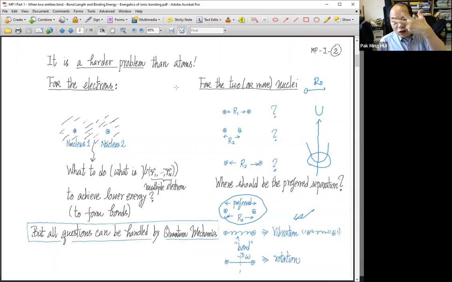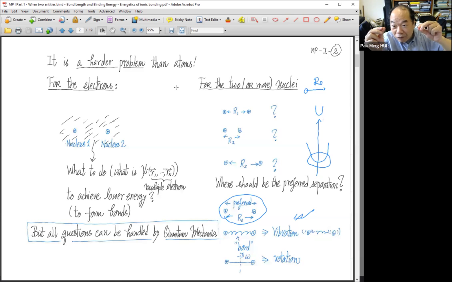We need to do three things. Different locations of the nuclei, not moving yet, solve the Schrödinger equation. Then we have two more quantum mechanics problems to solve. After you know how the electrons distribute, then the nuclei would have a harmonic oscillator quantum mechanics problem, but you know the answer, right?